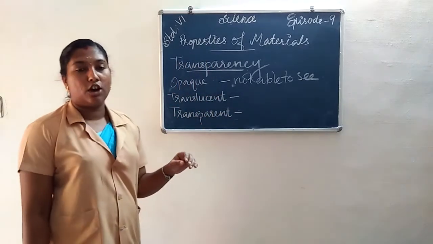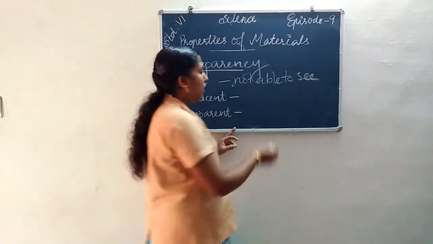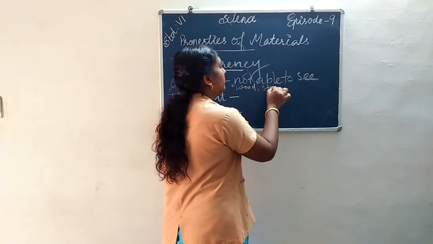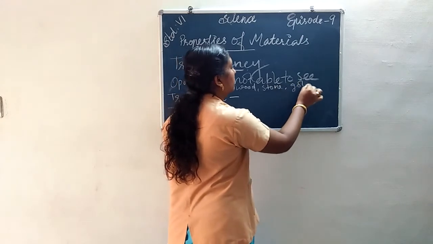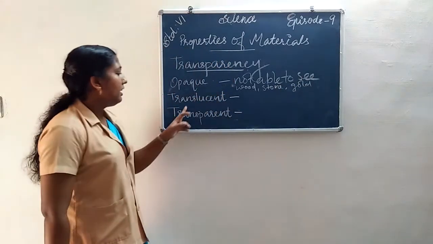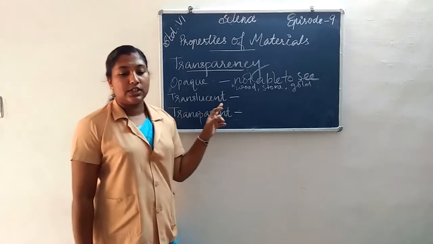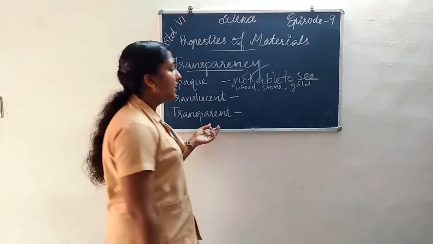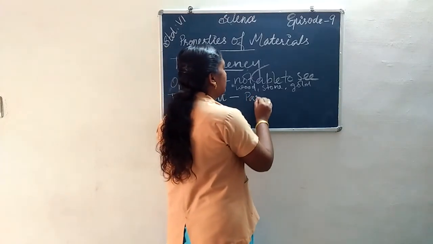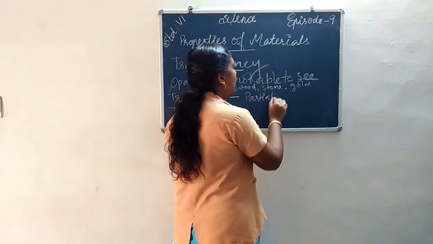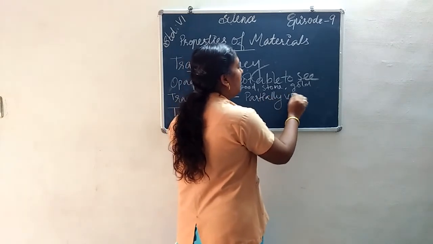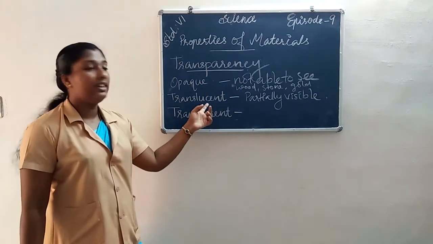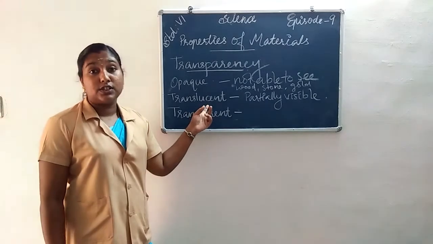Materials through which we are not able to see are called opaque objects. Example: wood, stone, gold, etc. Okay. Then translucent.